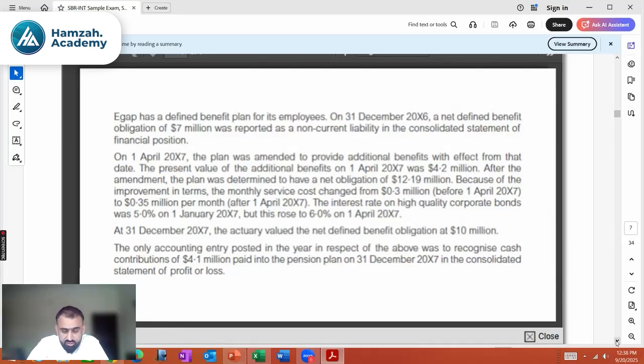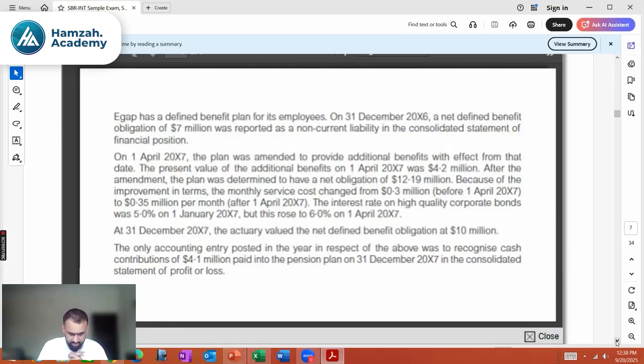The employer's responsibility is not limited to the contribution. He is responsible for the defined benefit. So they have a defined benefit, post-retirement benefit, IAS 19. At 31st December X6, the benefit obligation value is 7 million. They have reported it as a non-current liability.